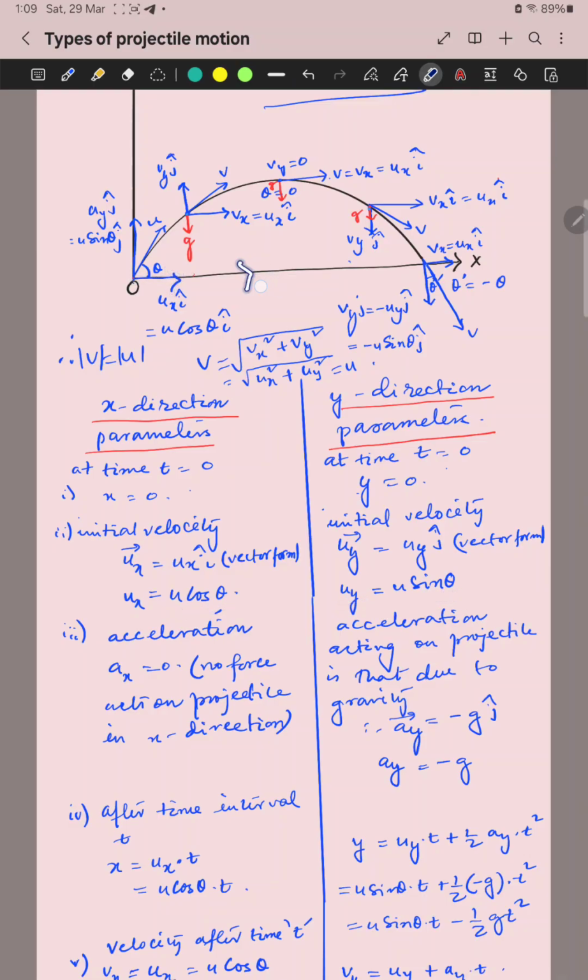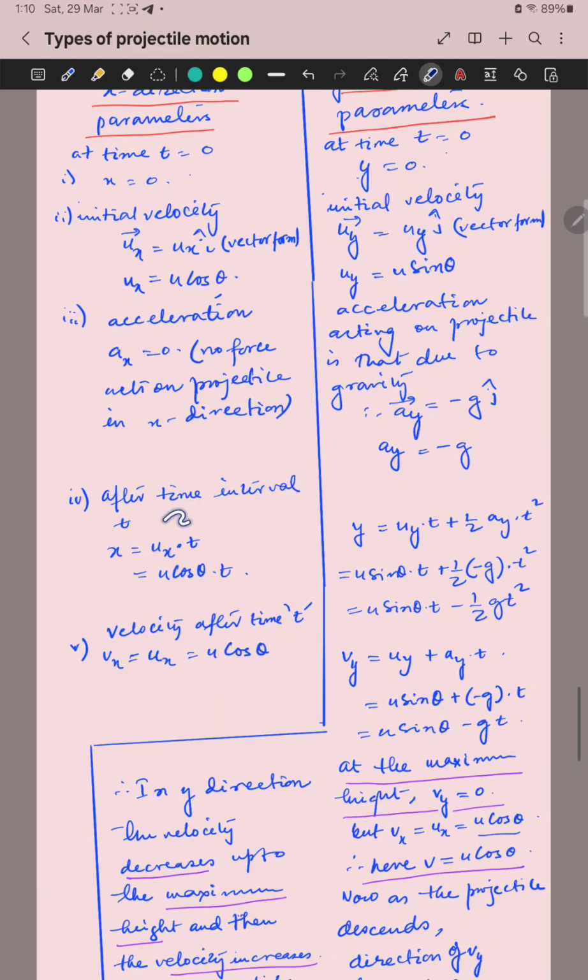Along the x direction, ax will be 0, no acceleration. Along the y direction, ay will be minus g. Why minus g? Because acceleration due to gravity is directed downwards along the negative y direction. That is why the minus sign. Okay, so we can write this.